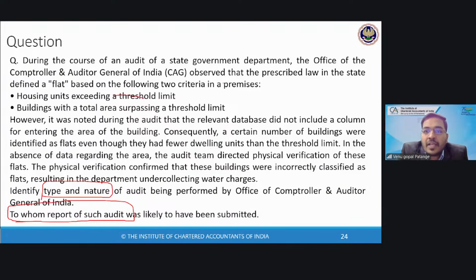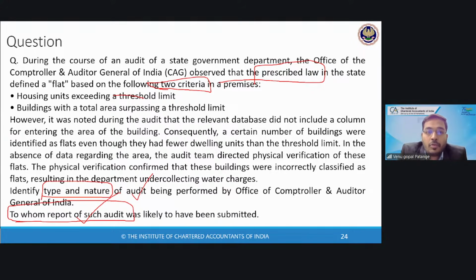Here they are telling a prescribed law in the state, so the criteria is law. So it is a compliance audit. To whom will the report be submitted? It will be submitted to PAC, sir. Good. How can you say that? Because it is a department, not a public sector undertaking.